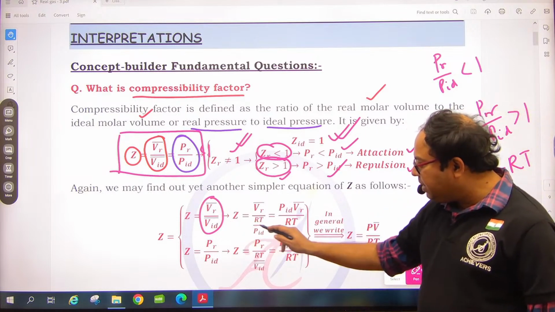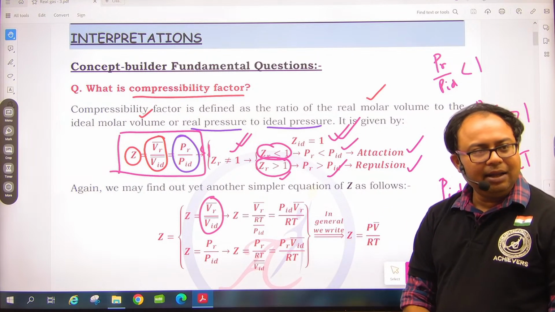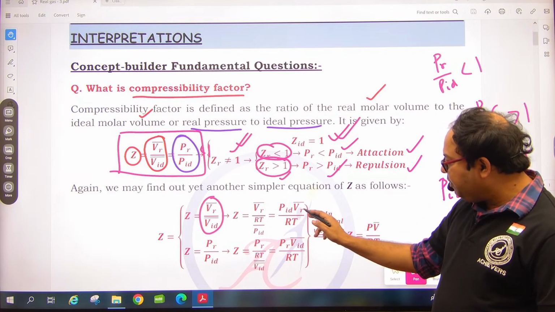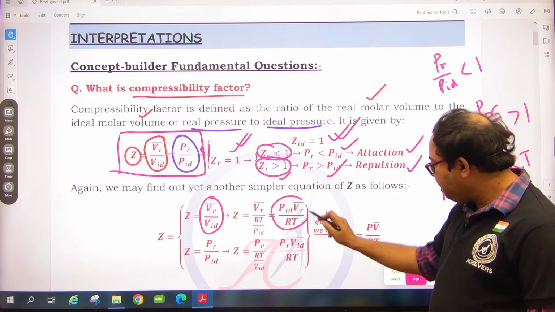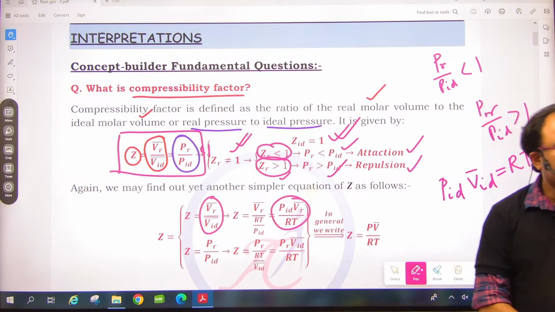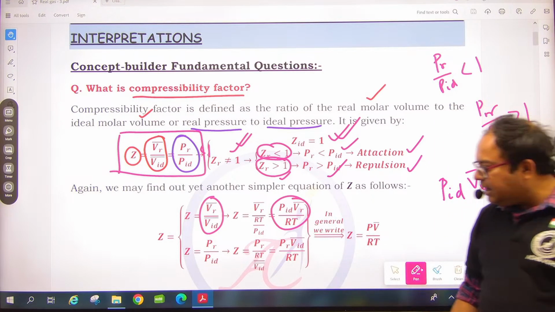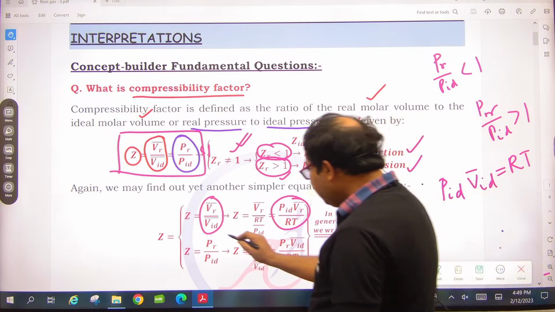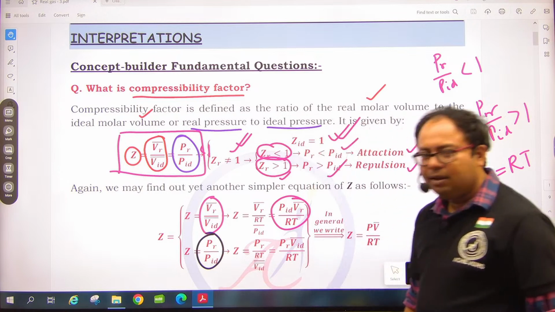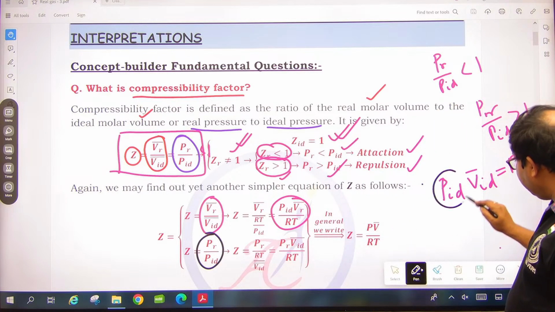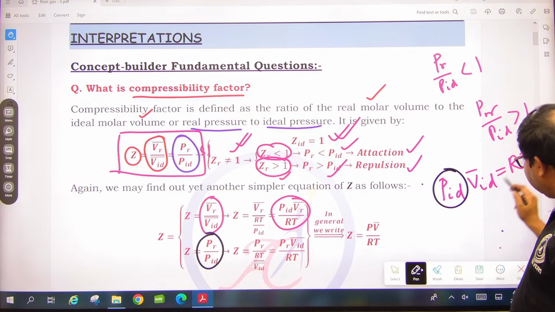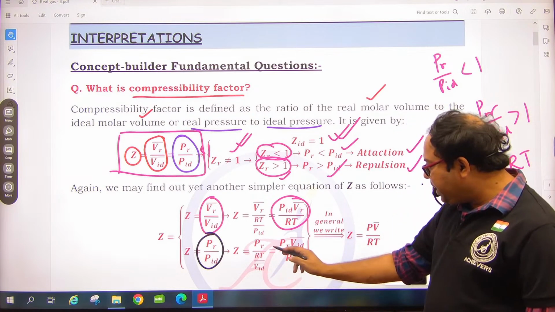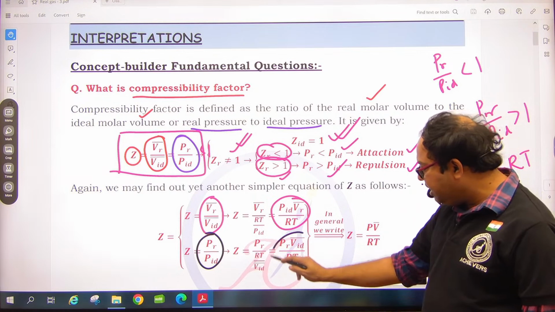We replace V bar ideal by RT by P ideal, and thereby Z becomes P ideal multiplied by V bar real divided by RT. If you are defining it in terms of P real by P ideal, then you write P ideal as RT by V bar ideal. Write it like that. So Z becomes P real multiplied by V bar ideal divided by RT.